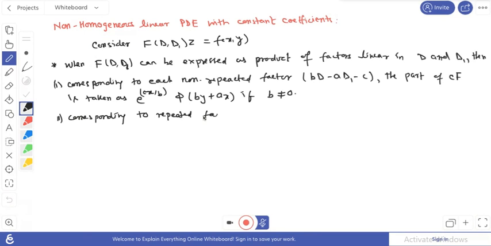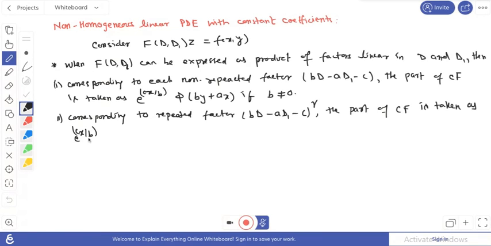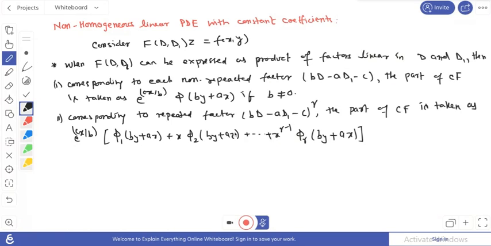For a repeated factor of this type, suppose this is squared or cubed, suppose the power is r, the part of the complementary function is taken as e to the power cx over b, and since this is a repeated root, phi 1 of by plus ax, plus x times phi 2 of by plus ax, up to x to the power r minus 1, since this factor is repeated r times, phi r of by plus ax. So this is your formula.